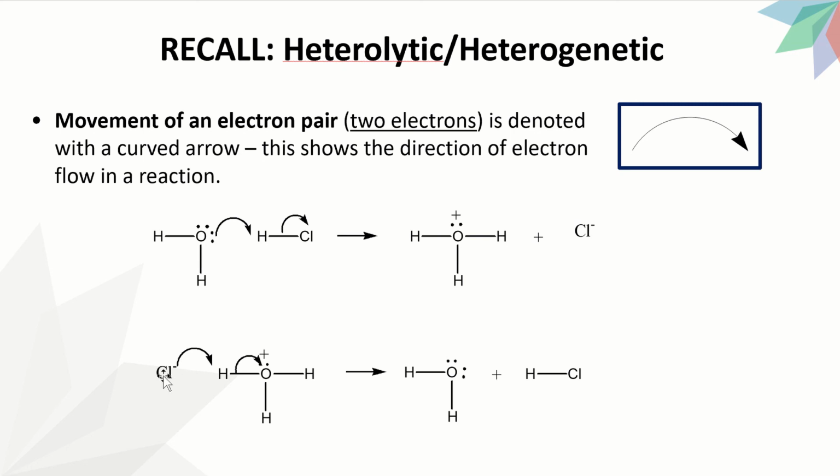And again, for the chloride ion, the negatively charged chloride ion, that's the source of the electron, that is the nucleophile. So the arrow starts here, it ends on the hydrogen, and then this bond breaks, as is represented by the arrow starting on the line and ending on the oxygen. All right, so we end up with HCl and water.